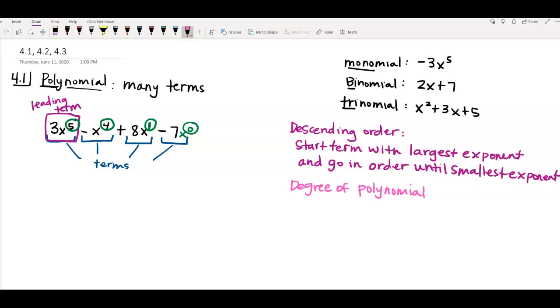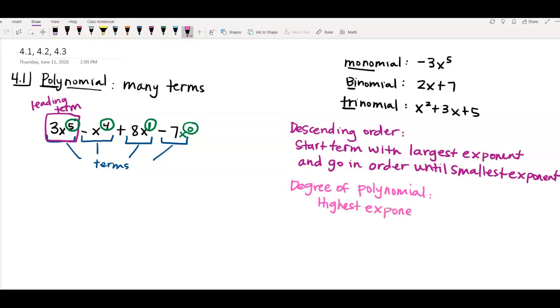When you get to 1050, you'll be talking a little bit more in detail about degrees of polynomials when there's more than one variable in each term. But the degree of the polynomial is just going to be the highest exponent.